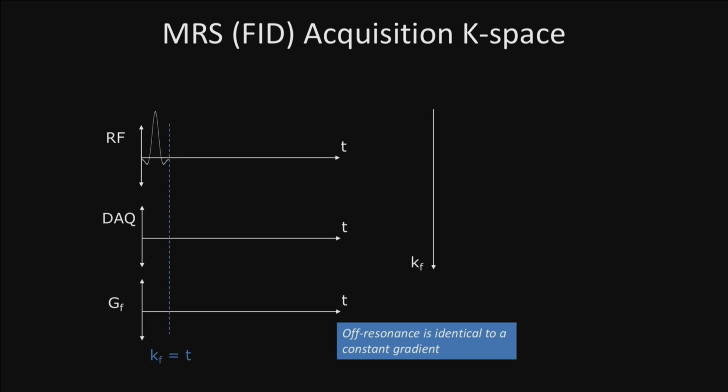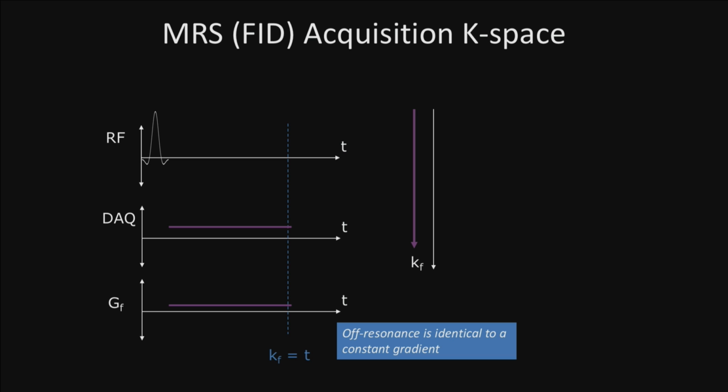To do that, I'm going to extend this concept of K-space into the spectroscopic or spectral domain. One way you can define a simple FID, pulse-and-acquire experiment, or any spectroscopic acquisition, is in what I like to call the KF space, which is simply time.